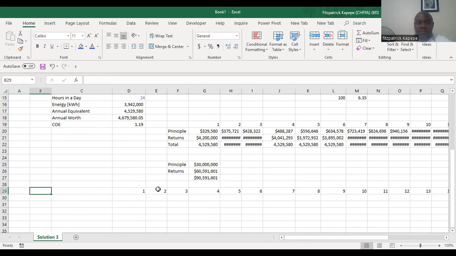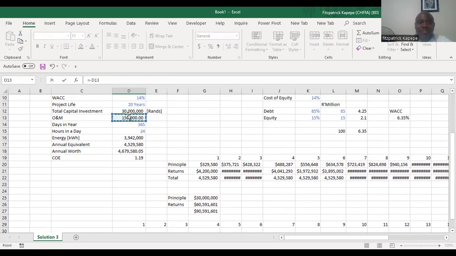Okay. It's like no one wants to go and sleep, huh? So we'll start from here. We have our investment. So the capital cost, which is in year 0, which is a negative.